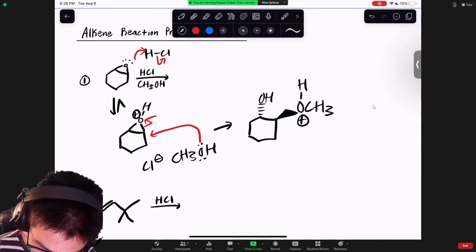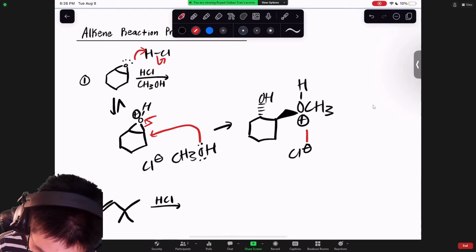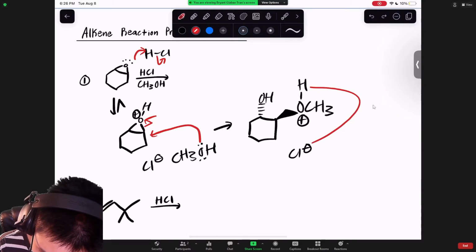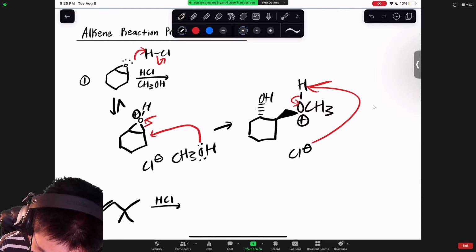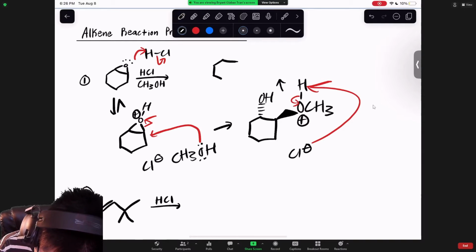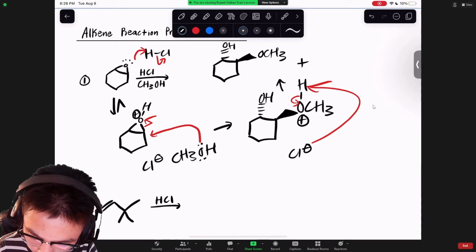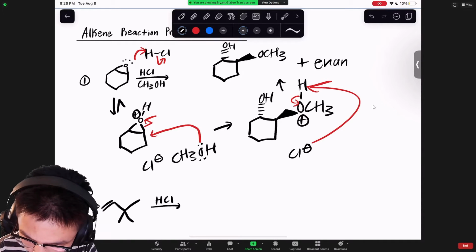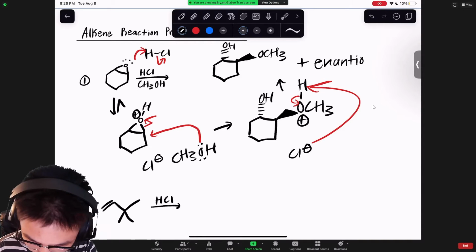And then Cl minus ion could come in and deprotonate this oxygen here, giving us our final product, OCH3 plus enantiomer, because we could have put the OH as a wedge and the OCH3 as a dash.